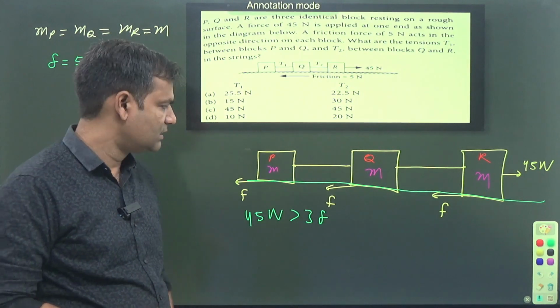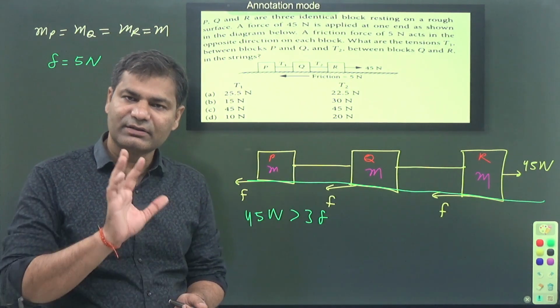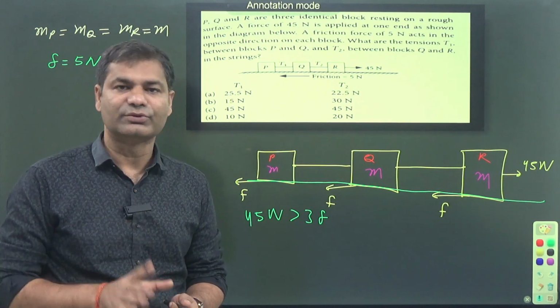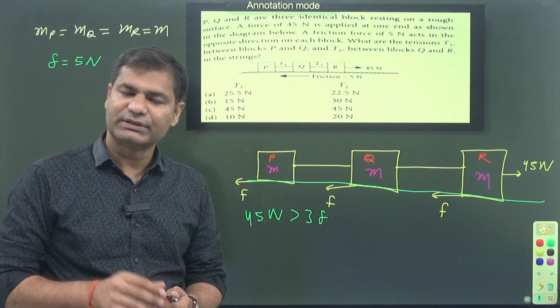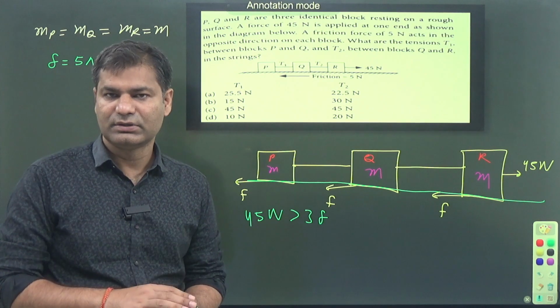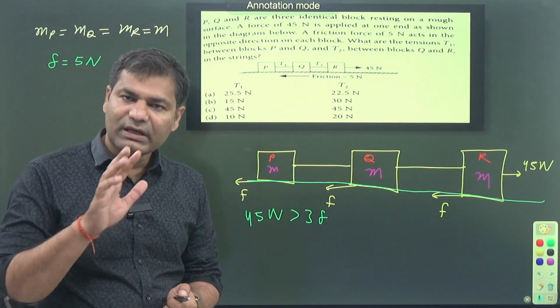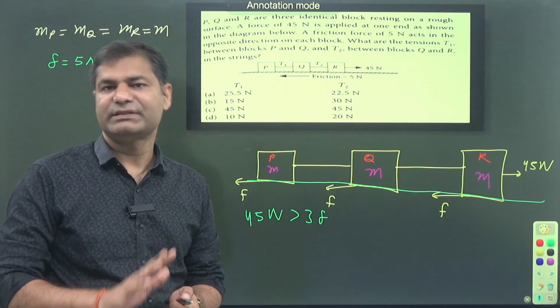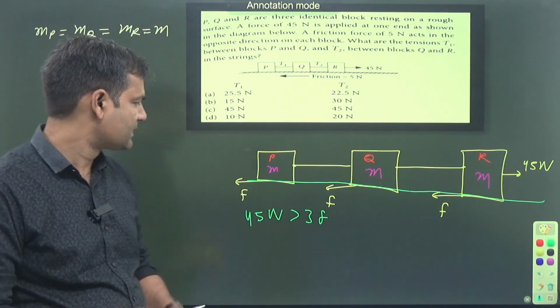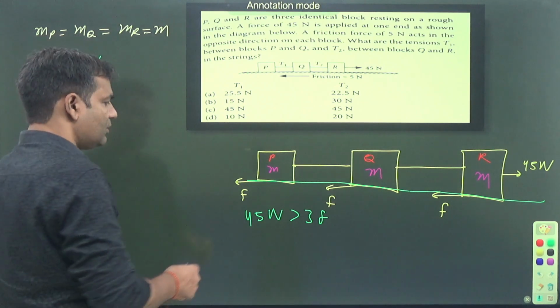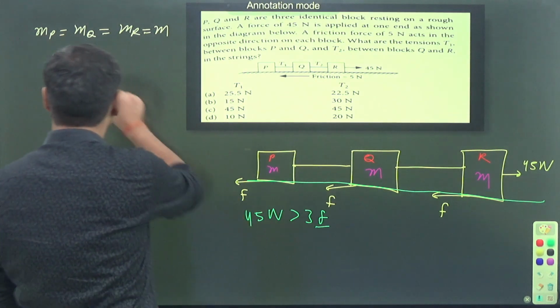Clear or not? I have already discussed that if the applied force is greater than the limiting frictional force, then motion is allowed. But here only frictional force is mentioned, meaning limiting friction and kinetic friction are the same. So F is given as 5 Newton.